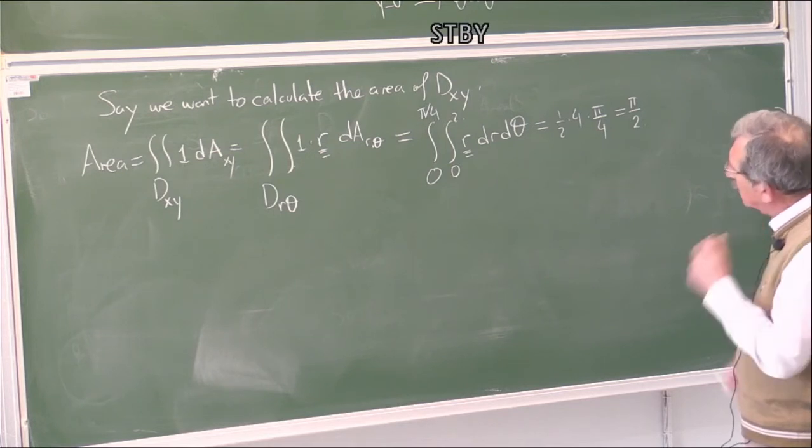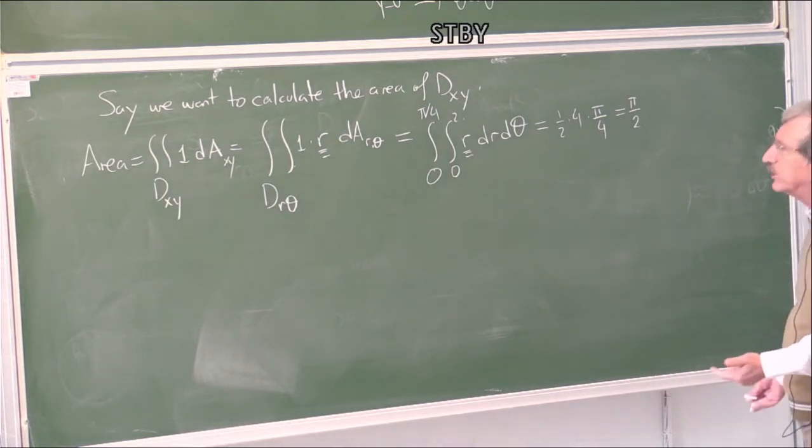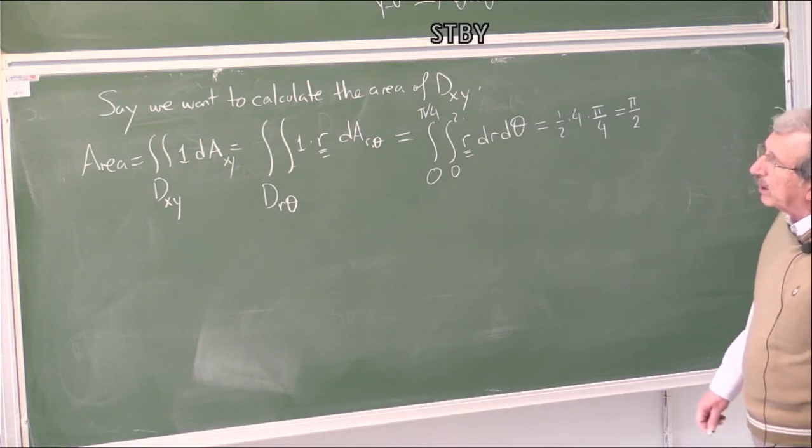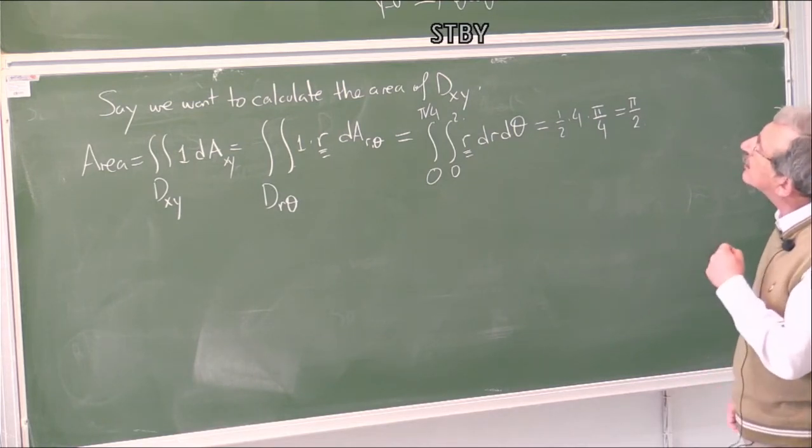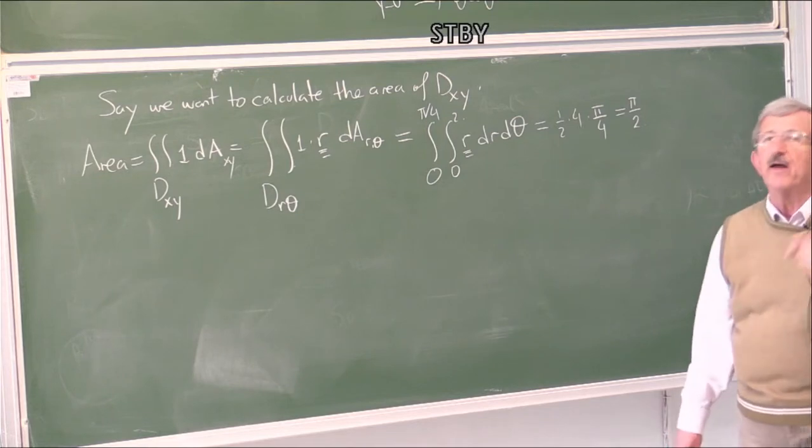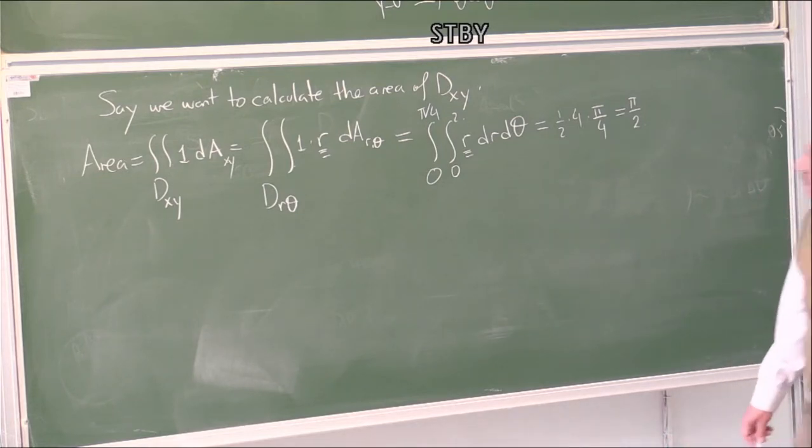Well, does this make sense? Well, of course it does, because after all, the area we calculated is 1/8 of the area of a circle.